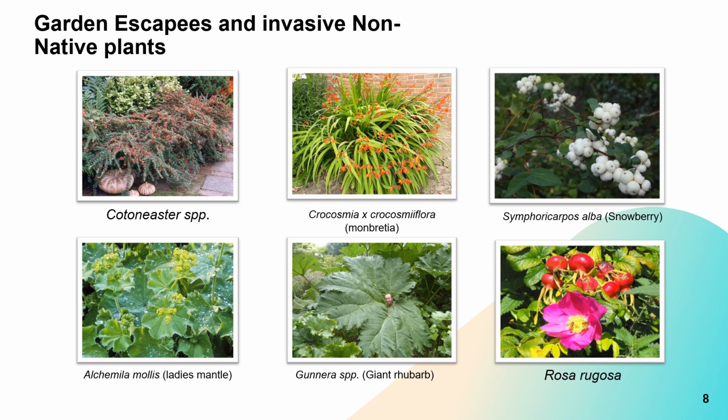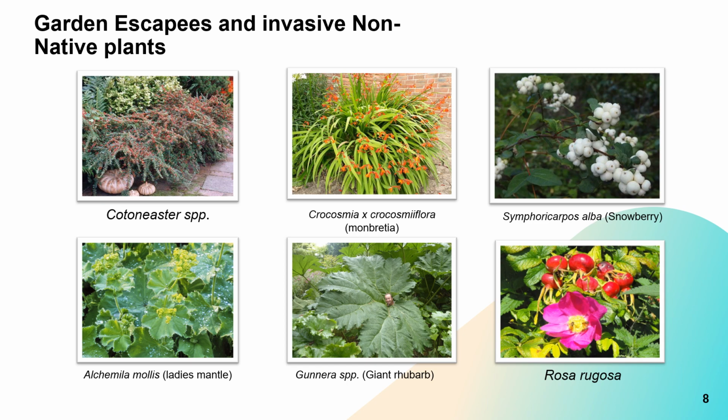The second here is Crocosmia x crocosmiiflora, also known as Montbretia. Now this one is mainly a problem in Cornwall, but Cornwall is home to about half of our native wildflower species in the Lizard Peninsula, many of which are rare.